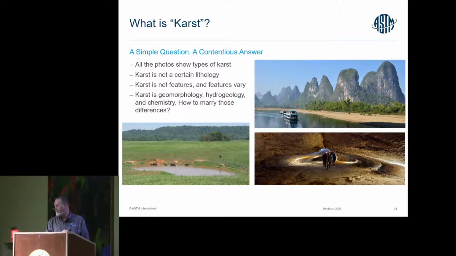There are so many different features. How do you combine them all into one? Ultimately, it's the geomorphology, the hydrology, the chemistry, all of those together. But how do we put them all together to incorporate as much as we can and remain with a consistent definition?